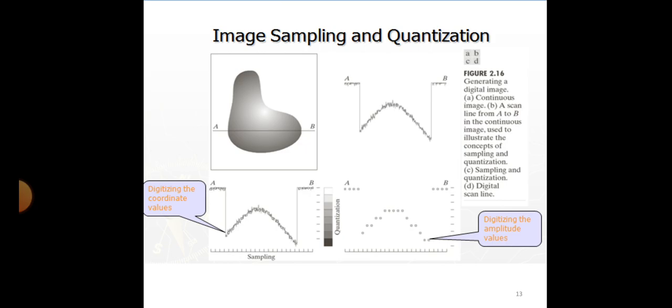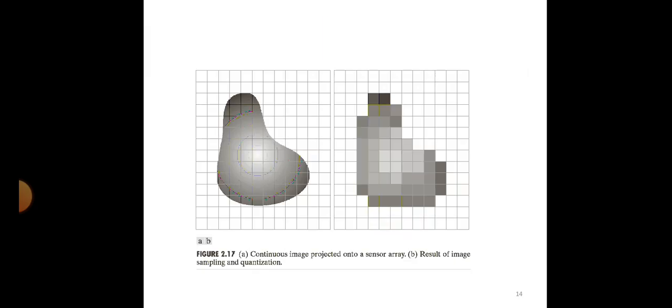That is represented with the examples here. We know that quantization means rounding the values, so we are rounding the amplitude values of our image. That means the value of f is indicated here in digital form.